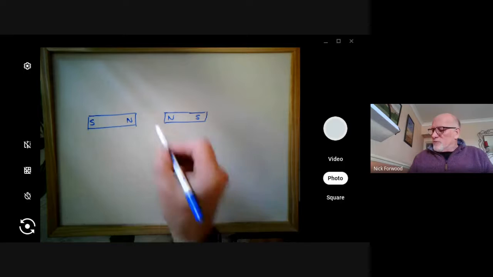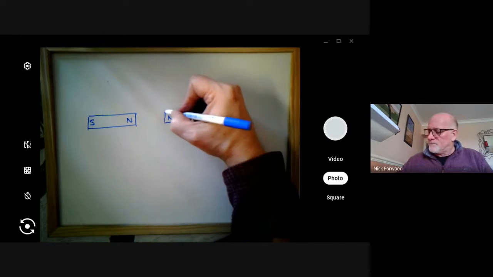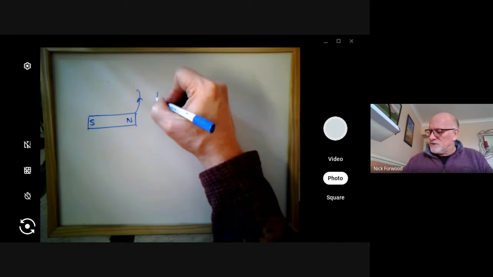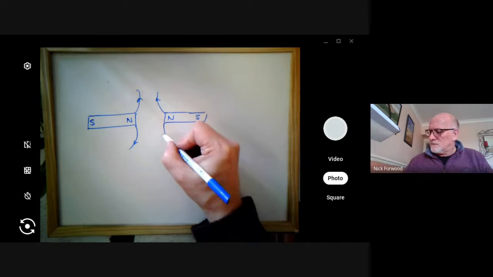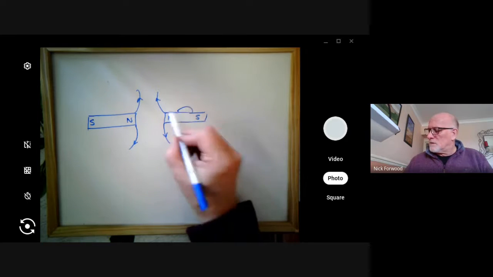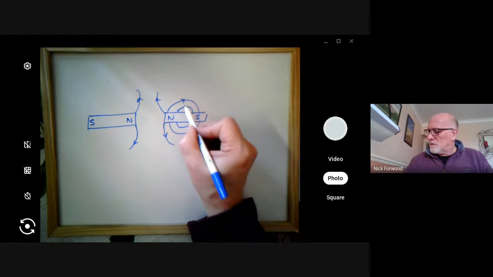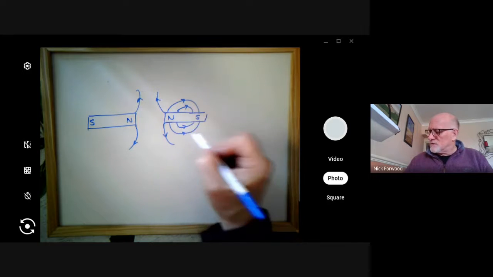Now these two are repelling. So with repelling magnets, we get fields that do this. Each magnet has its own field here, like this.